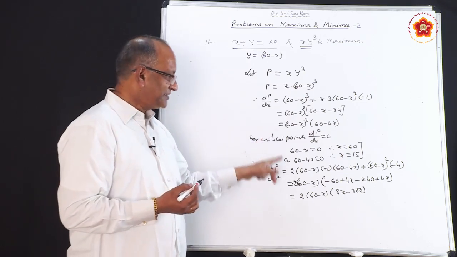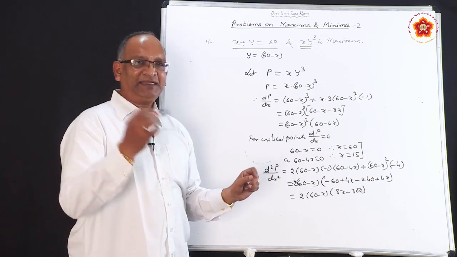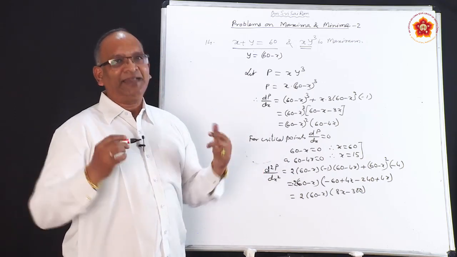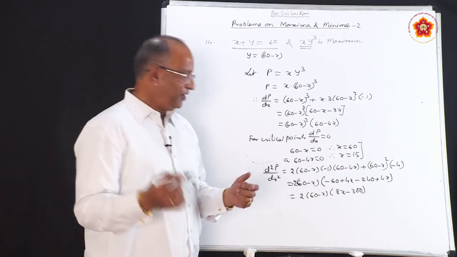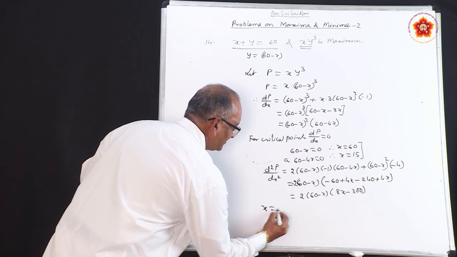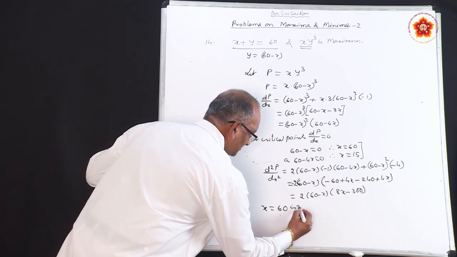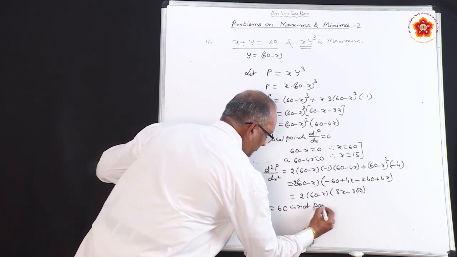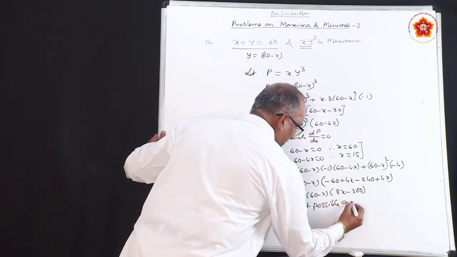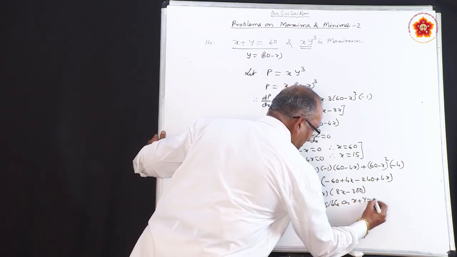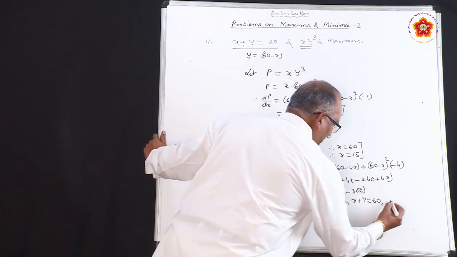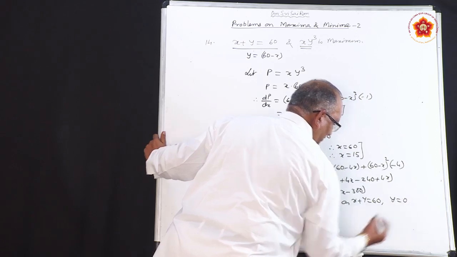Instead of going through the second derivative method and then substituting and calculating, you can also do this problem directly. So, if you are going to do directly, we can say that x equal to 60 is not possible. Why is it not possible? As x plus y equal to 60, and if you substitute x equal to 60, you will get y equal to 0.